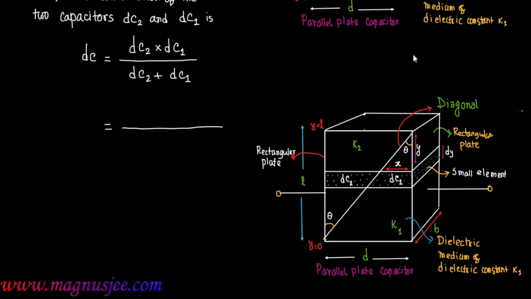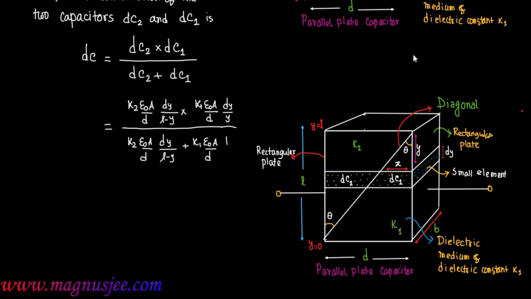Putting the expressions of dC2 and dC1, we get dC equal to K2 epsilon 0 A by d into dy by (L minus y), into K1 epsilon 0 A divided by d into dy by y, whole divided by K2 epsilon 0 A by d dy by (L minus y) plus K1 epsilon 0 A by d dy by y.